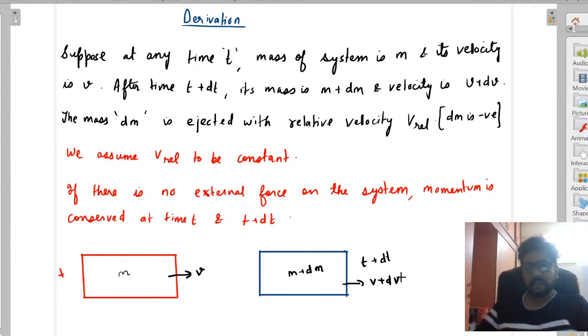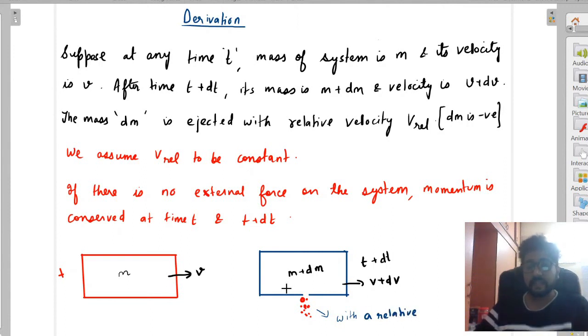So again I'll repeat what is v relative. This mass which is getting ejected is getting ejected with a relative speed.